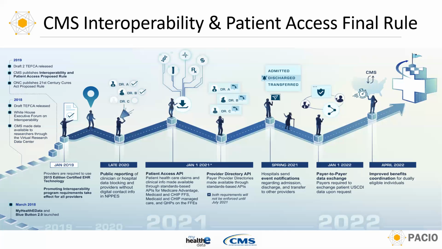And finally, admission, discharge, and transfer event notifications, in which CMS is modifying the conditions of participation to require hospitals, including psychiatric hospitals and critical access hospitals, to send electronic patient event notifications of a patient's admission, discharge, and/or transfer to another healthcare facility or to another community provider or practitioner to improve care coordination. Although post-acute care entities have not been included in these rules, it does provide a framework to lay the foundation for interactions across the healthcare continuum.